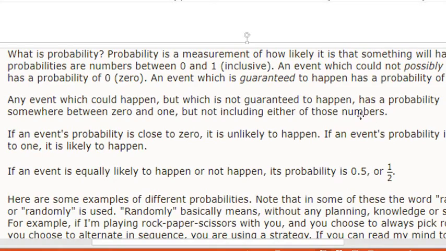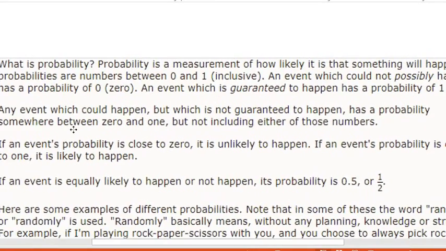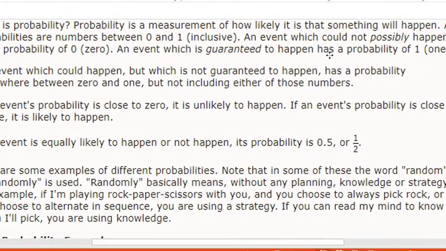An event which couldn't possibly happen has a probability of 0. Focus with me: an event that can't happen, the probability then is 0. An event which is guaranteed, sure to happen, has a probability of 1.